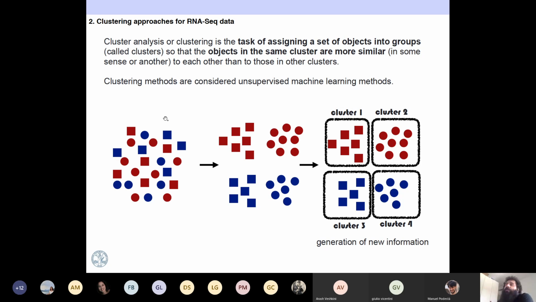For example, if you have a group of things, you can start to group them by similarity, and then say this is cluster 1, cluster 2, cluster 3, and cluster 4. One of the characteristics of clustering is that you are generating new information by analyzing the data that you already have, and that can be interesting.